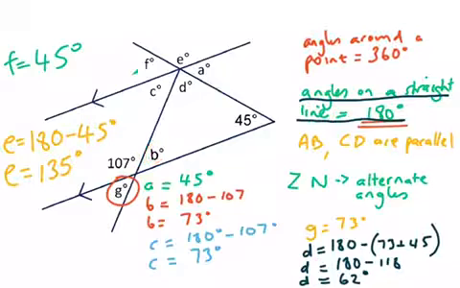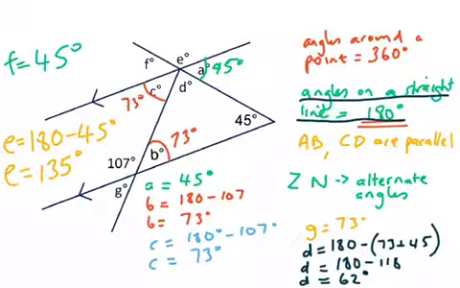Alright, so if we now just rub out the mess we made, I think we've now calculated all of the angles. So let's have a look. What we'll do is we'll write them in. Okay, so we'll say A, which is this angle here, is 45 degrees. There we go. B is 73 degrees. C is 73 degrees. There we go. D is 62 degrees.